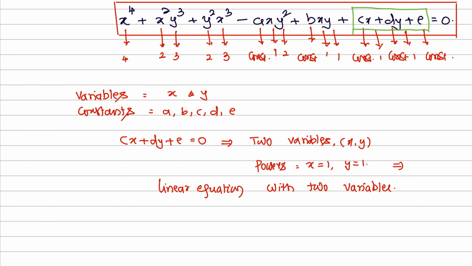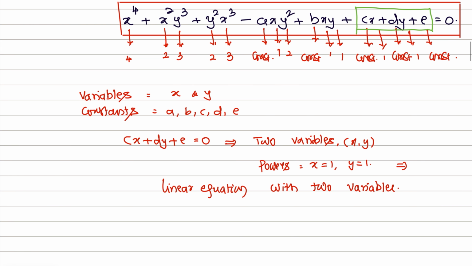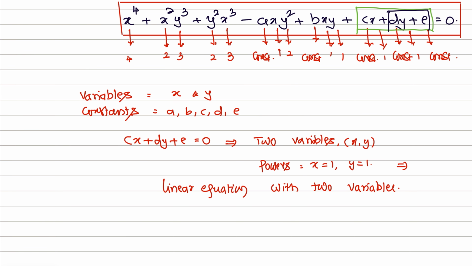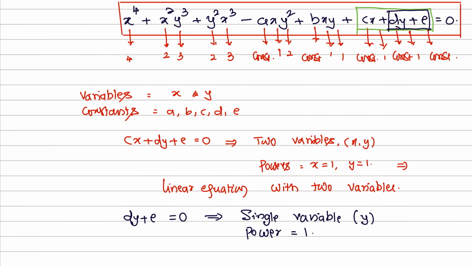If I take only one small portion, this portion only, like dy plus e is equal to 0, single variable, that is y, and power is equal to 1. That implies linear equation with single variable.